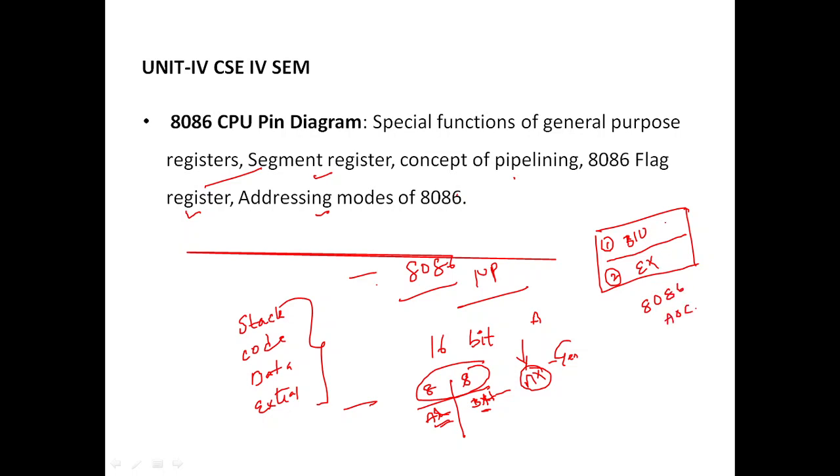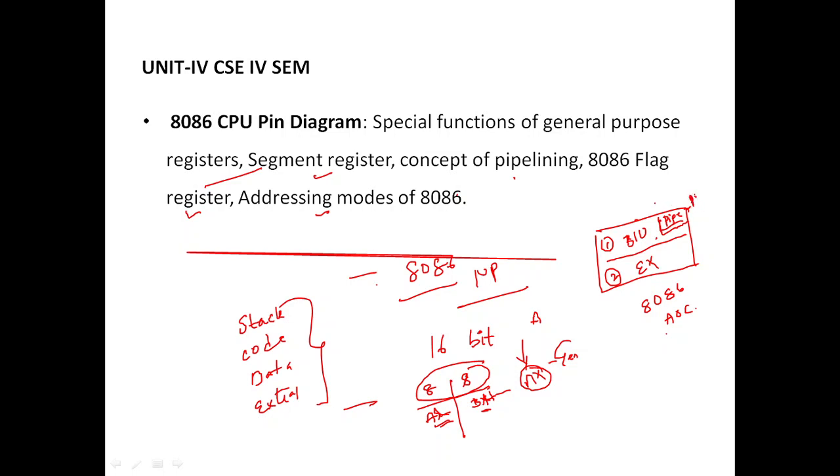In this bus interface unit, you will come across the pipelining concept. So what do you mean by pipelining? Everything we will see clearly. Fine. So the 8086 architecture is divided into 2 parts. The first part is the bus interface unit and the second part is the execution unit. In a portion of this bus interface unit we will have the pipelining.